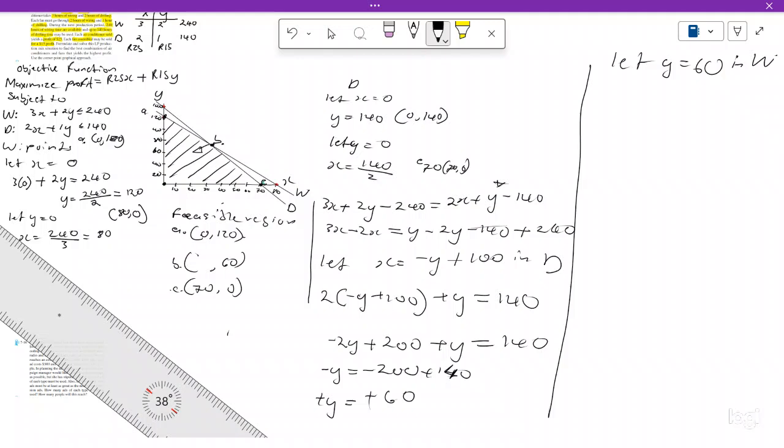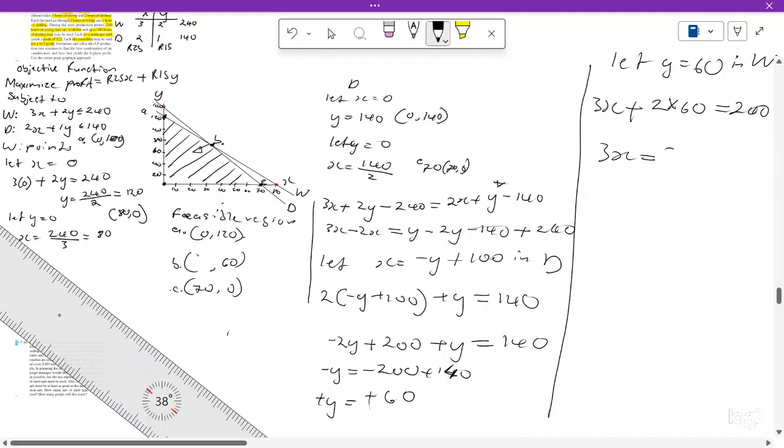So it's going to be 3x plus 2 times 60 equals to 240. This is 120.